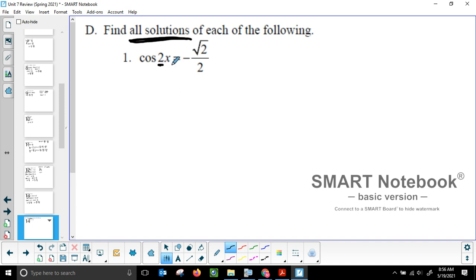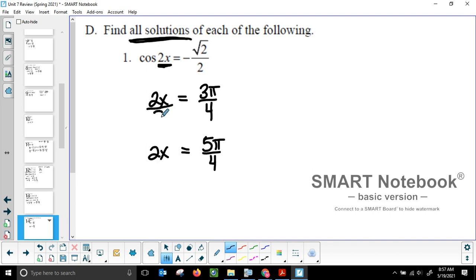Here, again, we have this 2x, but don't get cute. Don't try to magically undo it somehow. Just ask yourself, where is cosine negative square root of 2 over 2? That occurs at 3 pi over 4, and it occurs at 5 pi over 4. And of course, that's 2x.